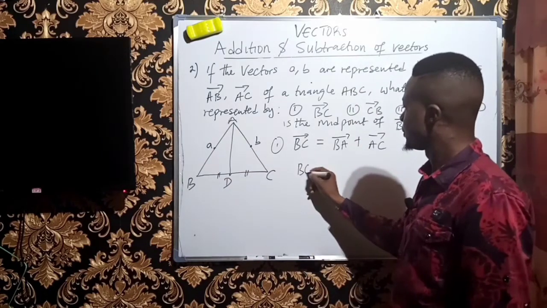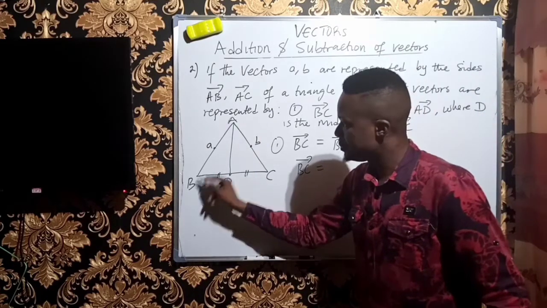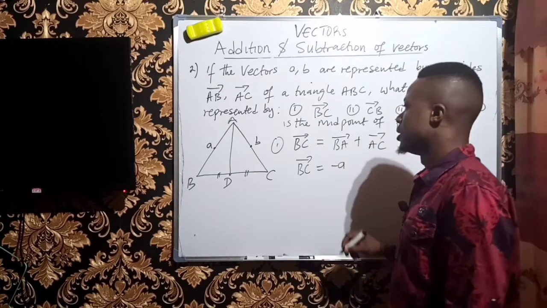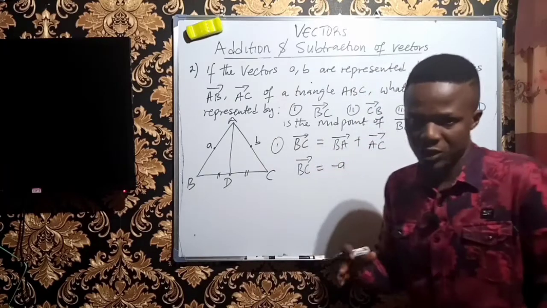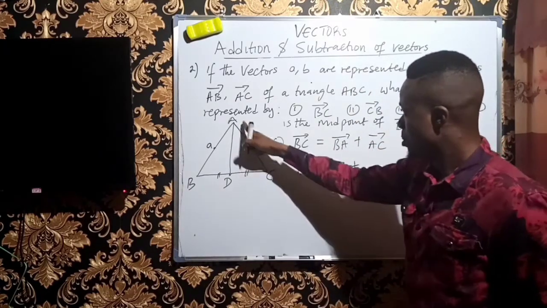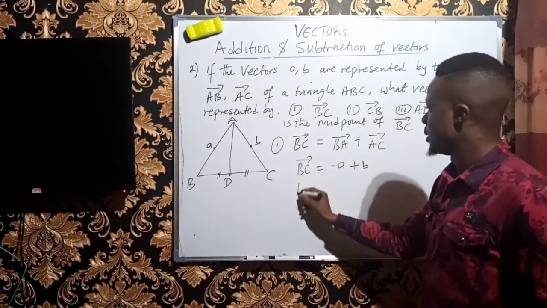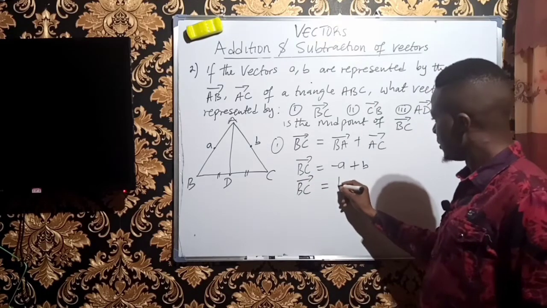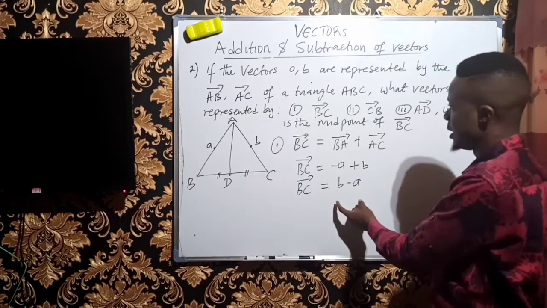So my BC will now be BA. Instead of saying AB, we said BA, so this A will turn to negative. Whenever it does not go alphabetically, it must turn to negative. Plus AC is just B. So vector BC is the same thing as B minus A. That's just the value for this one, B minus A.